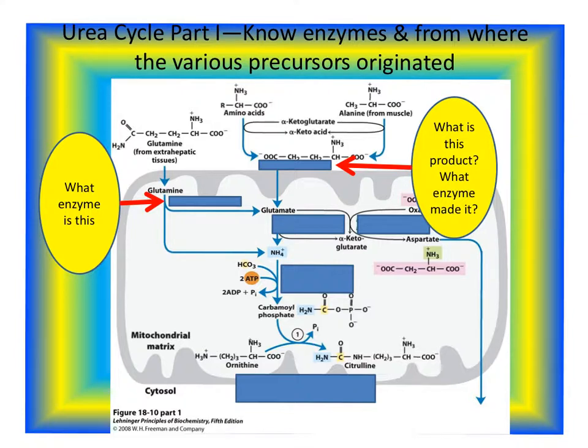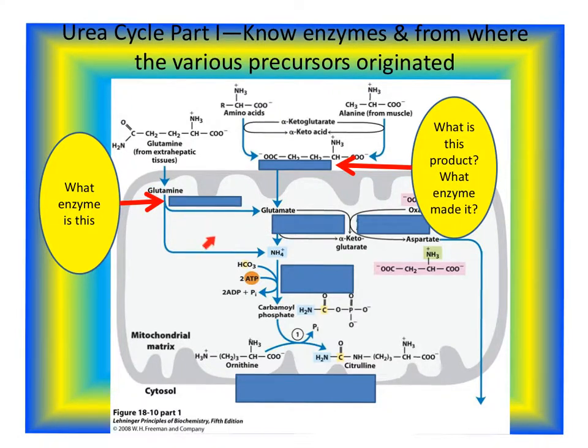Okay, so unfortunately this is all one slide. So what enzyme takes glutamine and breaks it up into glutamate and ammonium? What enzyme is that over here? It's glutamine, it's one enzyme, and they're showing you there are two products. There's ammonium or ammonia, and there's glutamate. So how do you get glutamine from glutamate?